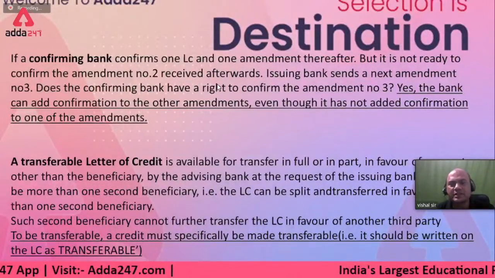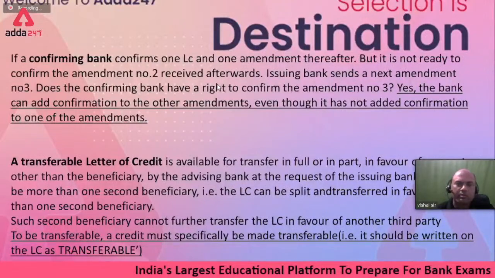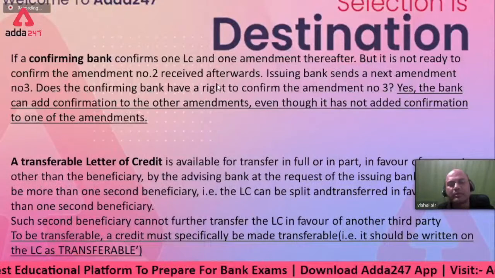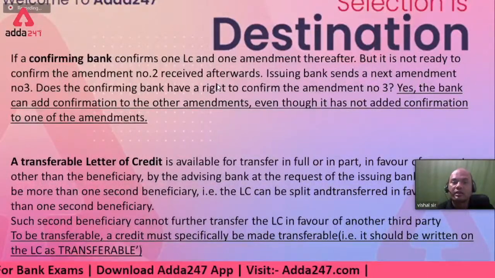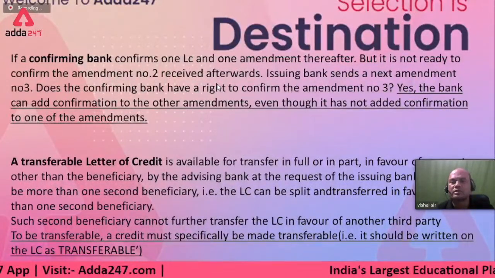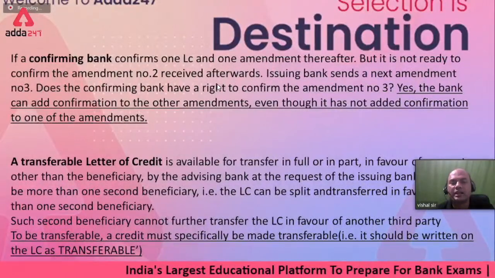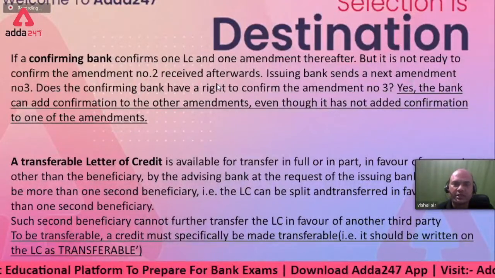Once it is nominated, then it's a normal confirmation. But if no name of any bank is given, and that bank still confirms that LC, remember this part, name is not given of that bank in the LC, but that bank is confirming that LC, then that is called a silent confirmation. That is outside the purview of UCPDC.